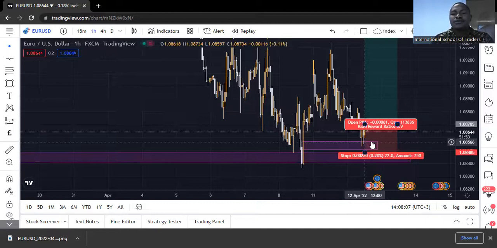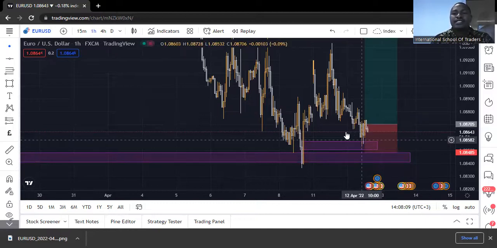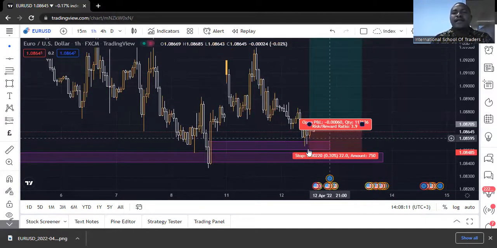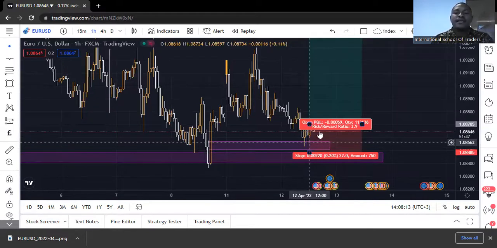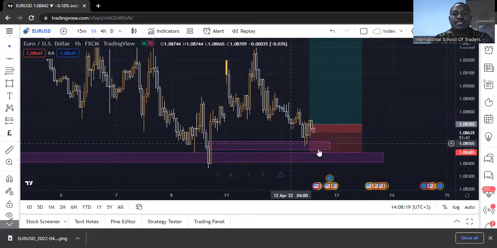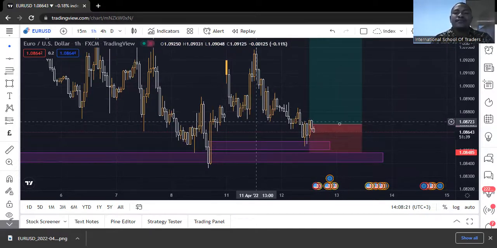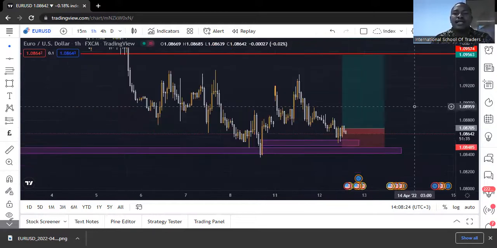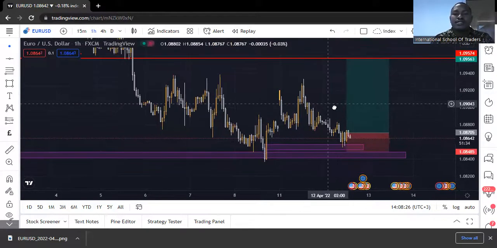We were actually late on this entry, this is where we should have taken our buy. The worst thing that could happen is the market coming all the way down, breaking this area and continuing towards the downside. But that's not what I'm seeing.